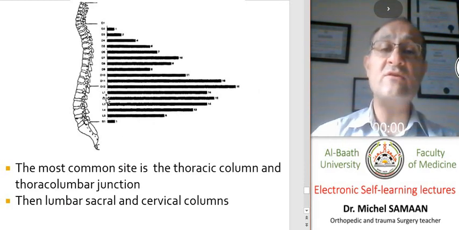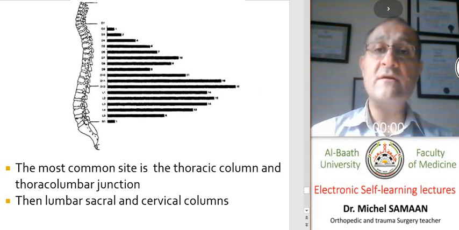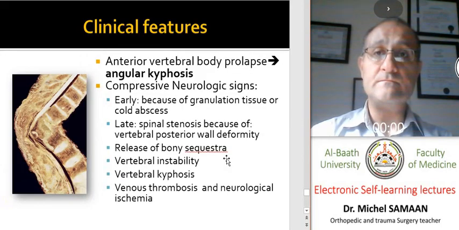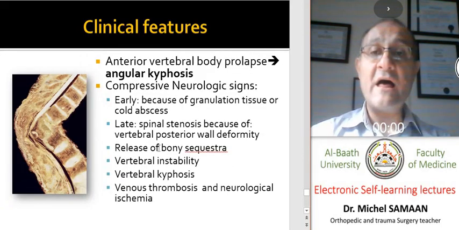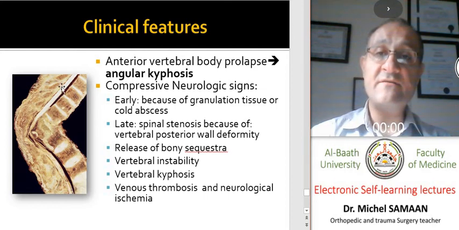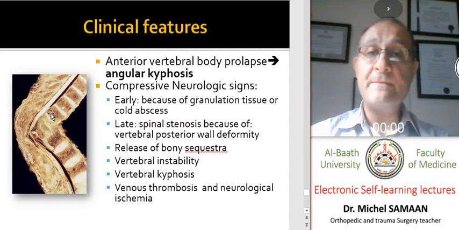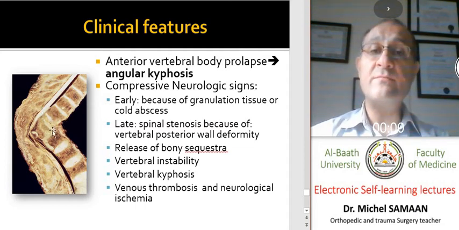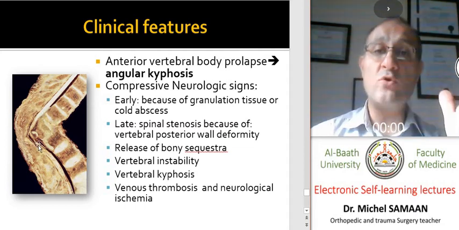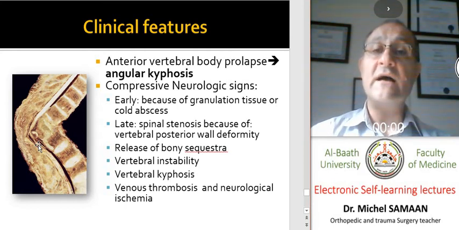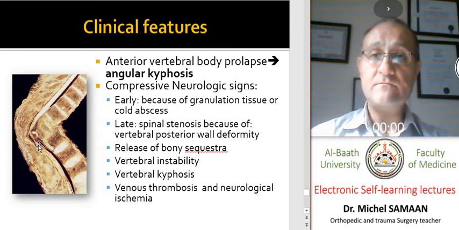The most common site of vertebral infection is the thoracolumbar junction. Clinically, as we see here in this severe case of Pott's disease, there is anterior vertebral body collapse that causes angular kyphosis.